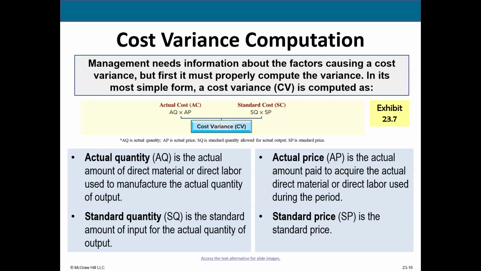Now, once you have your actual cost and your standard cost, all we're doing here is subtracting actual minus the standard to give us our cost variance. Now, at a glance, it seems pretty simple, but there's a lot of variances that you need to understand that are between the actual and the standard cost.